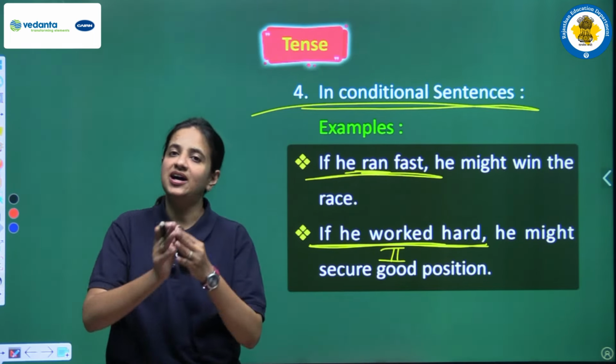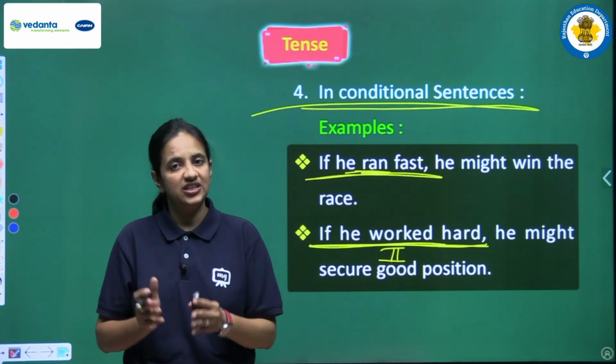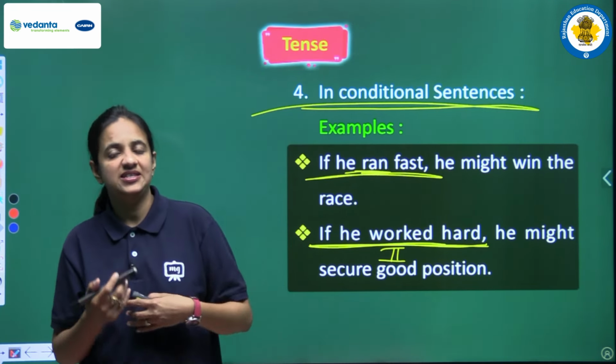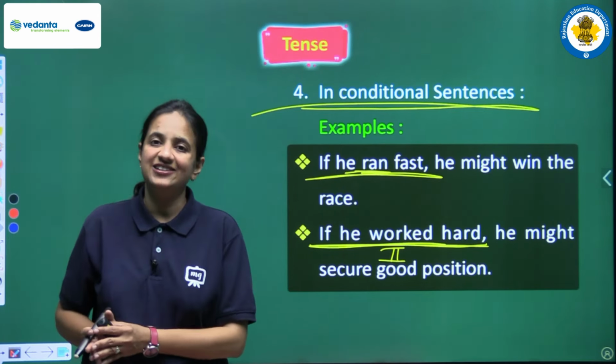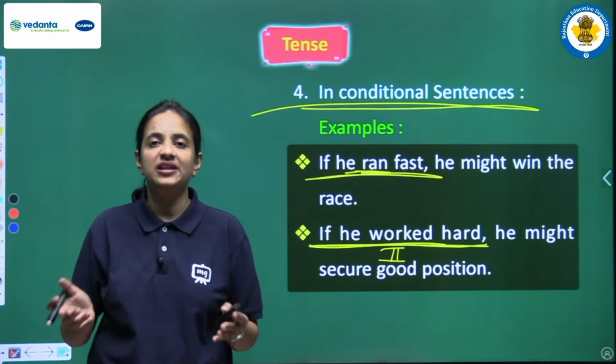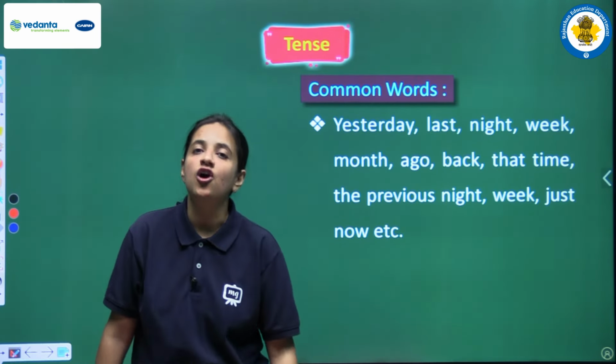So similarly past simple tense is also used in conditional sentences. So these are basically the four uses of past simple tense where this tense is very frequently, very commonly used.